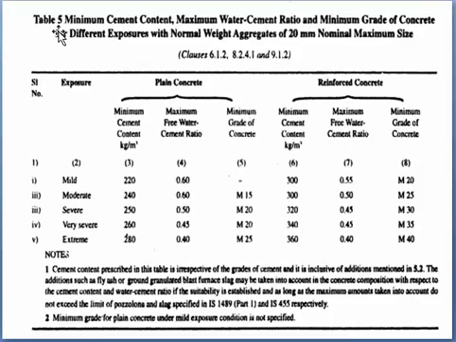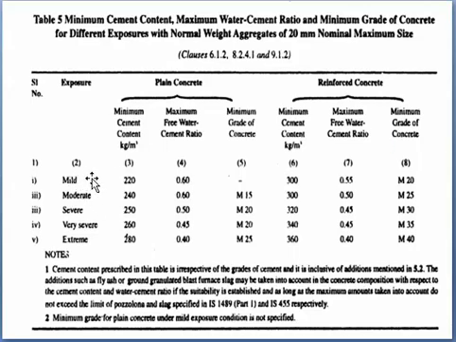So Table 5 gives the minimum cement content, maximum water cement ratio and minimum grade of concrete for different exposures with normal weight aggregates of 20 mm nominal maximum size. So for 20 mm nominal maximum size, which is our specified size of the aggregate in the example, and for the mild condition we will use this table.